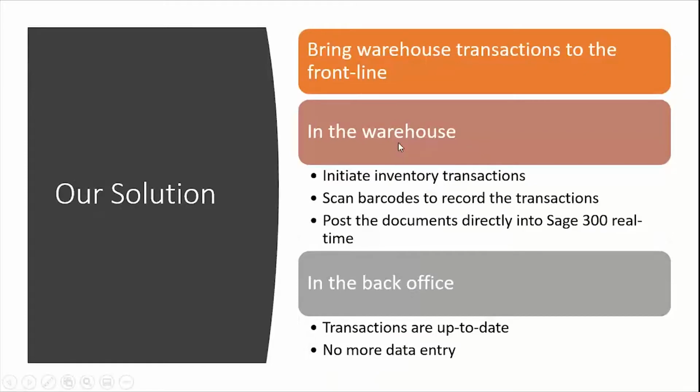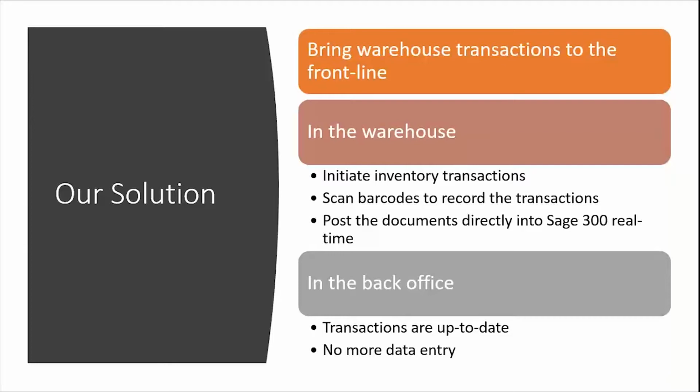So with our solution, what we want to do is bring the warehouse transactions to the frontline people. So these are referring to the warehouse man, the shop floor production personnel doing transactions on the floor. So on the warehouse floor, for example, we want them to be able to initiate the inventory transactions in Sage.